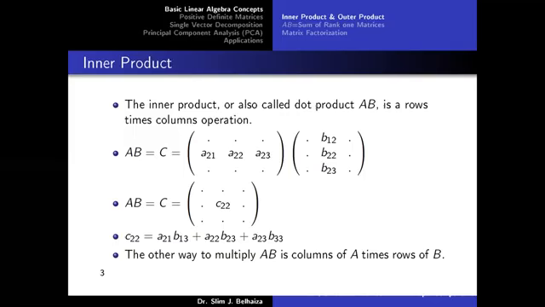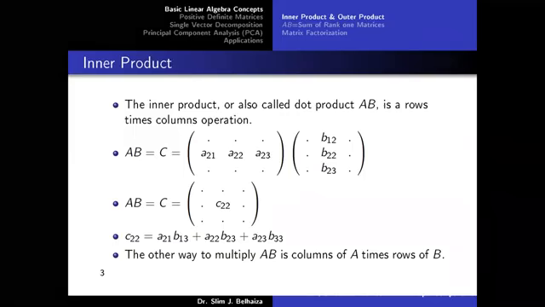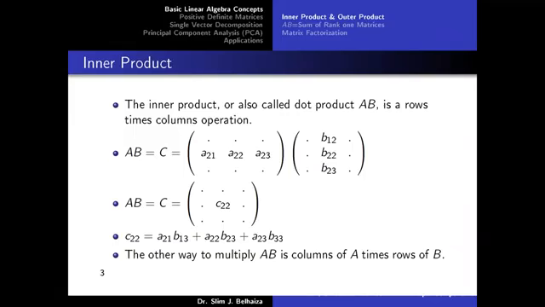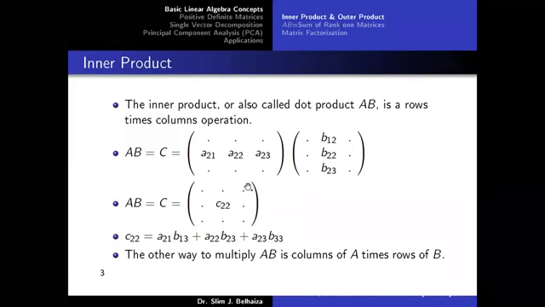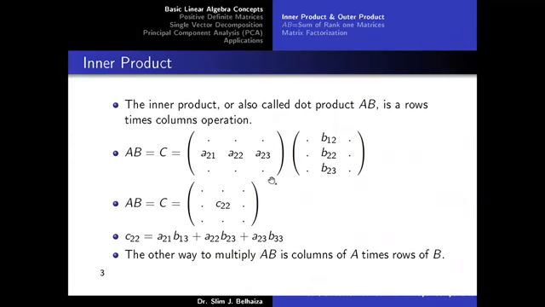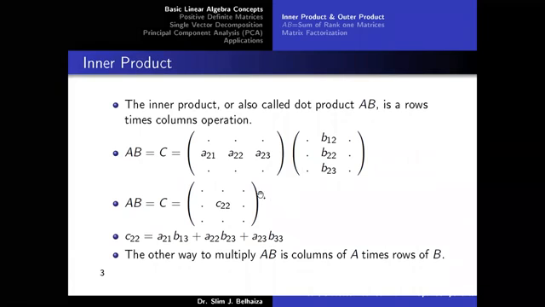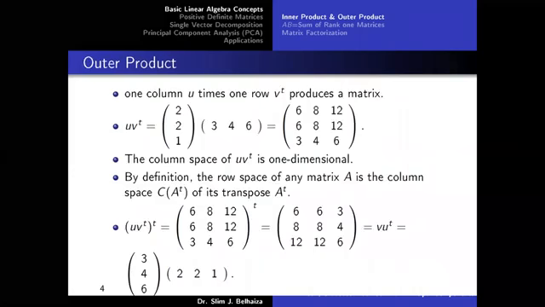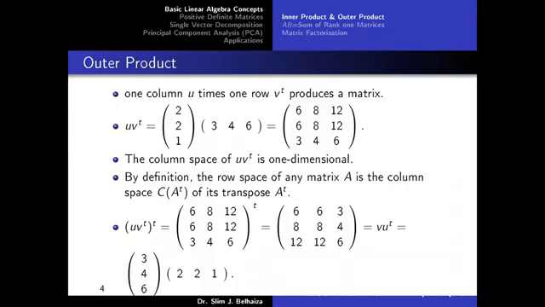We usually call this the dot product in vector multiplication or dot product in matrix multiplication. So this is what we have been used to seeing, okay? But there is another way to see it, which we call the outer product. In fact, you could obtain the same product just by multiplying the reverse way. Let me explain it in detail.